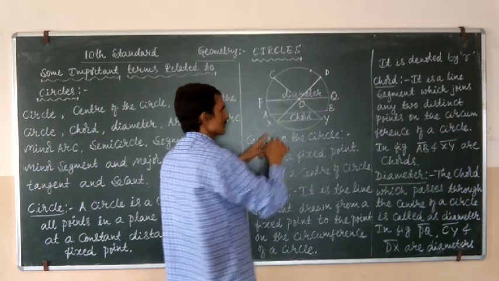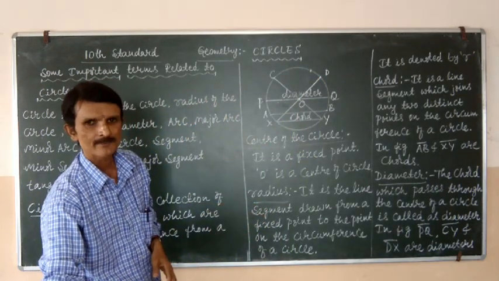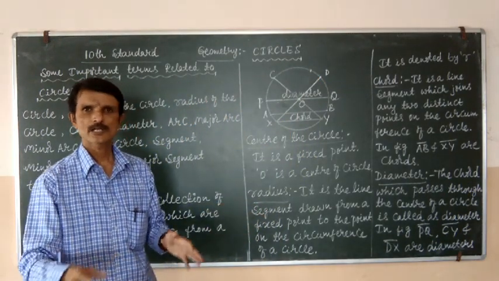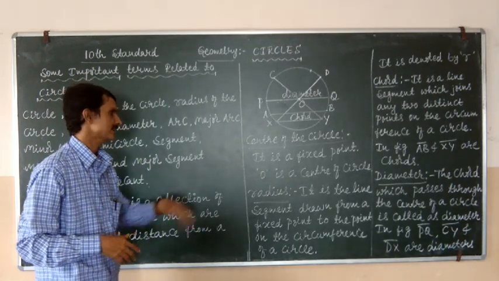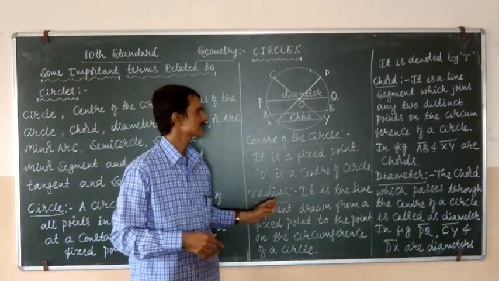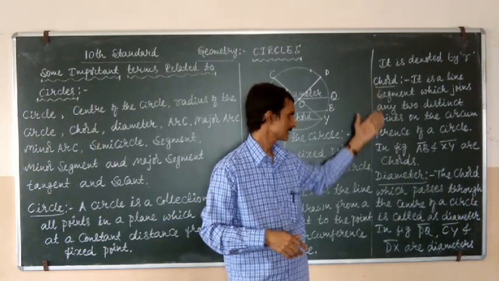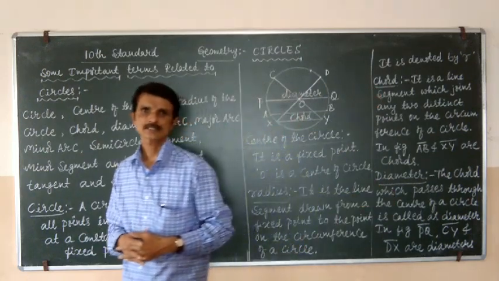Similarly, DX is also a diameter. So I think you have cleared up the center, radius, chord, and diameter of the circle.